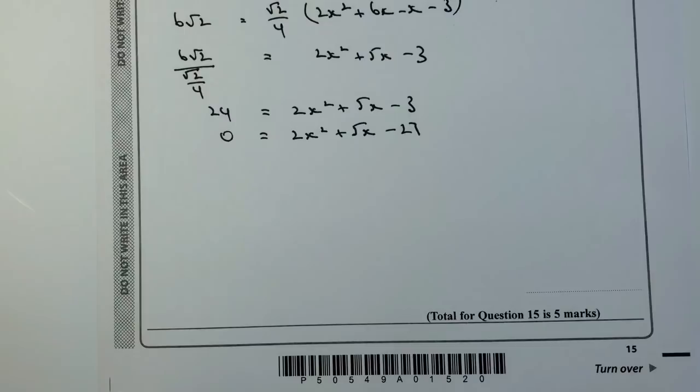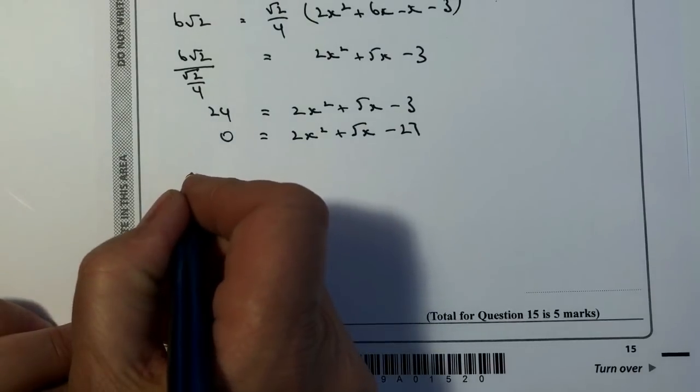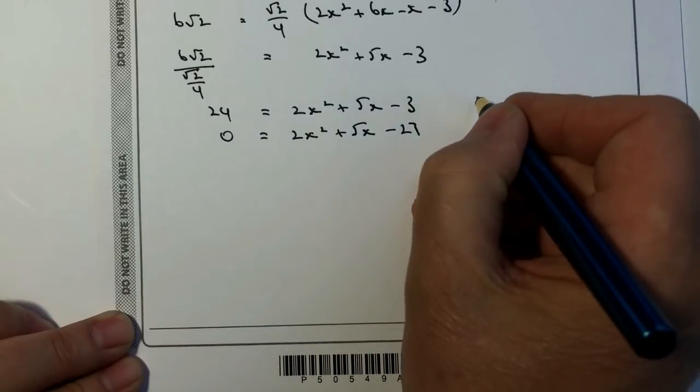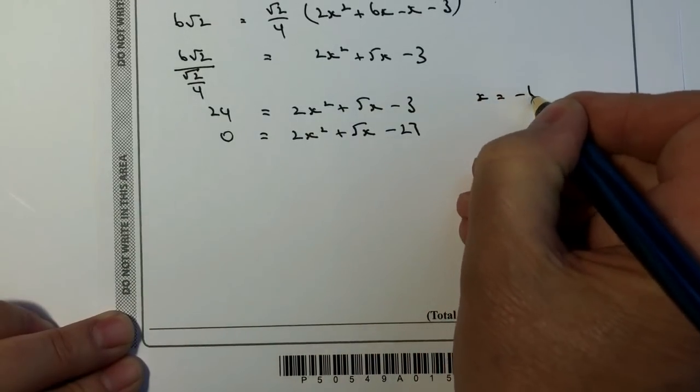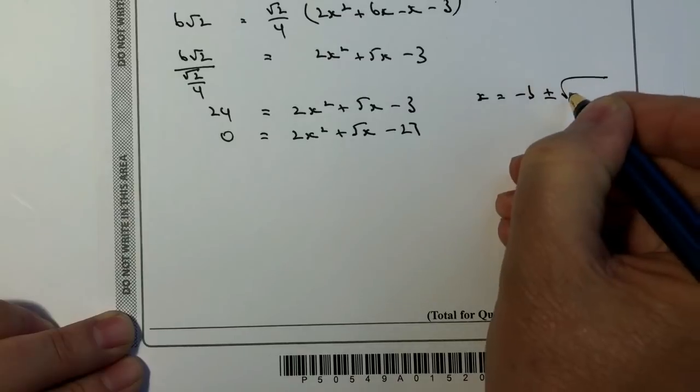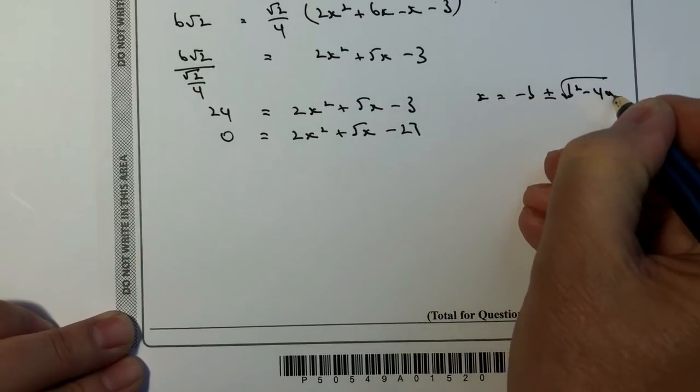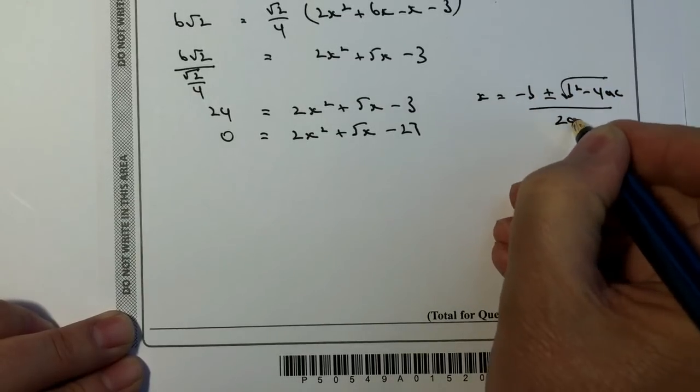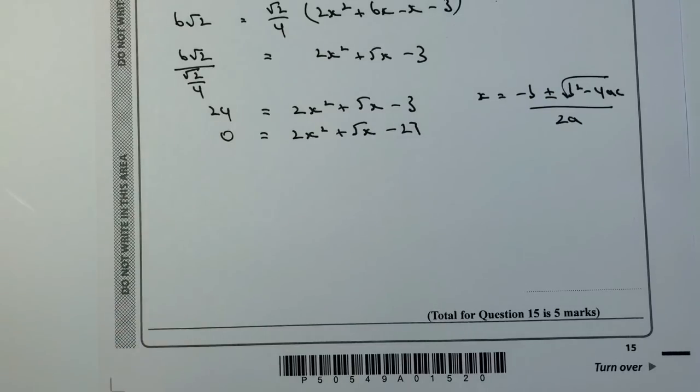Okay, so if we use the quadratic formula, we just plug this information in. If I write this at the side here, the quadratic formula: x equals minus b plus or minus the square root of b squared minus 4ac, all divided by 2a. You're going to need to remember that. Because then we've got the values of a, b and c.